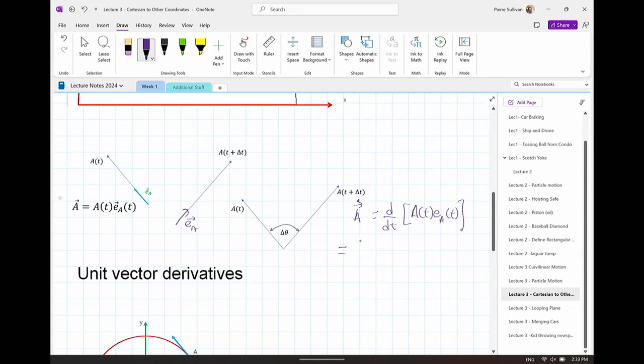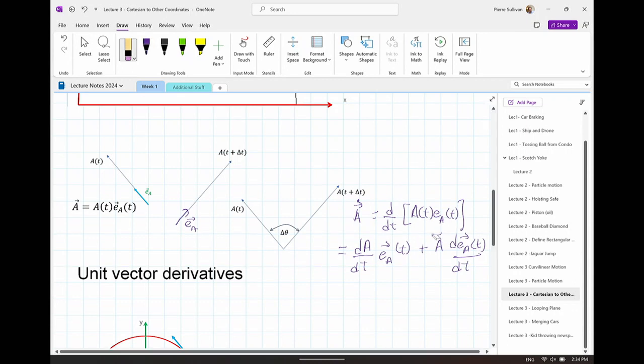And like last time, I can write everything out in the same format.